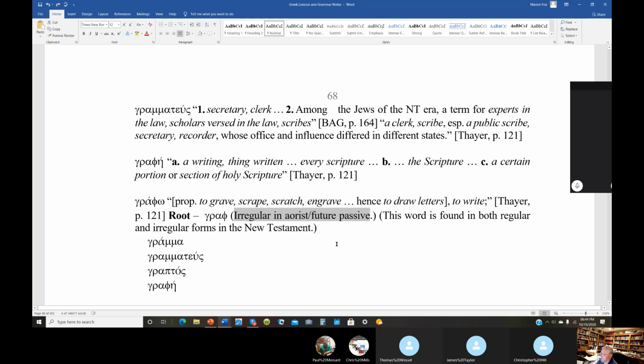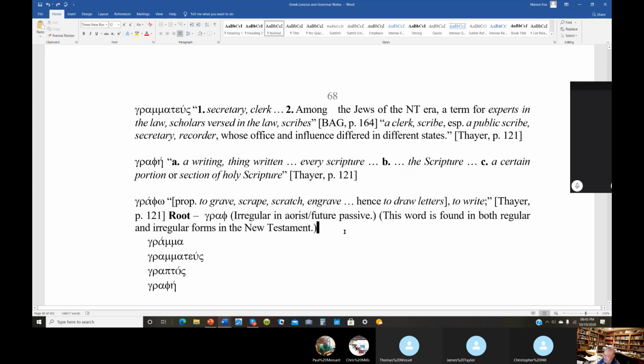So in the aorist and the future, sometimes it's irregular and sometimes it's not. Is that clear? And that would probably be different dialects of the Greek. All right. So there are some, and it may be different manuscripts. It may be some of the manuscripts are different.